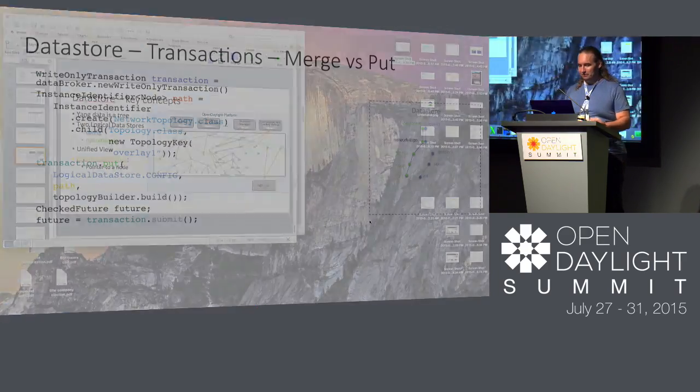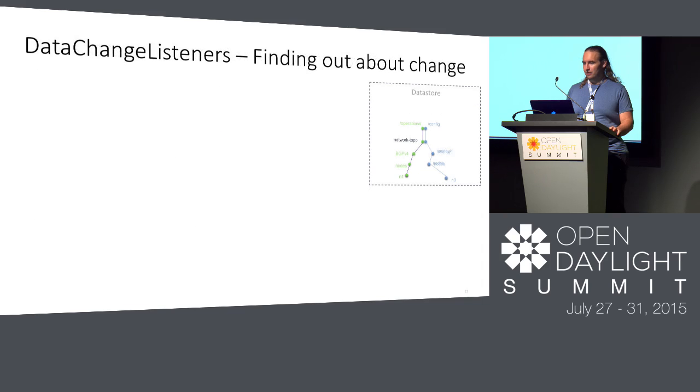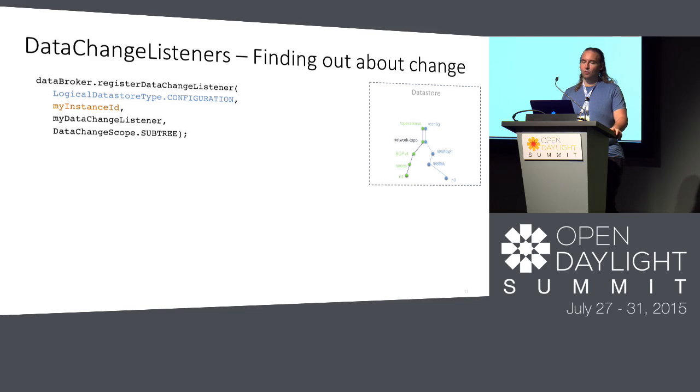There are slides. Let me go ahead and walk through those really quickly. So, we talked about the data store. So data change listeners, finding out about change in the data tree. What you end up doing is you can register a data change listener with a data broker. Again, you pick the logical data store you want to listen to, you have an instance identifier, you have a data change listener, and you have a data change scope.